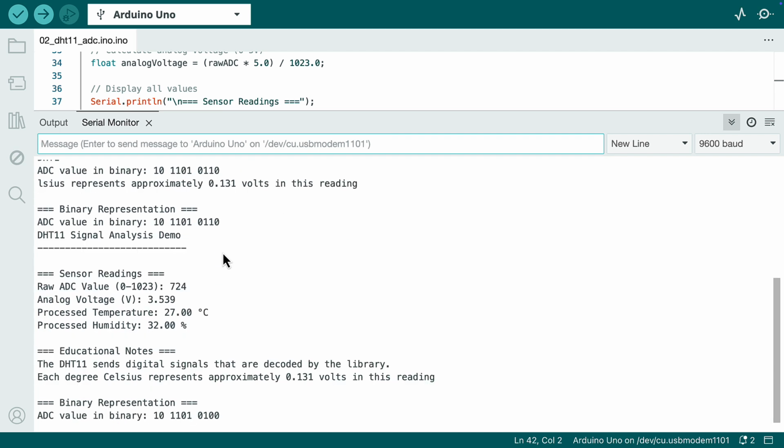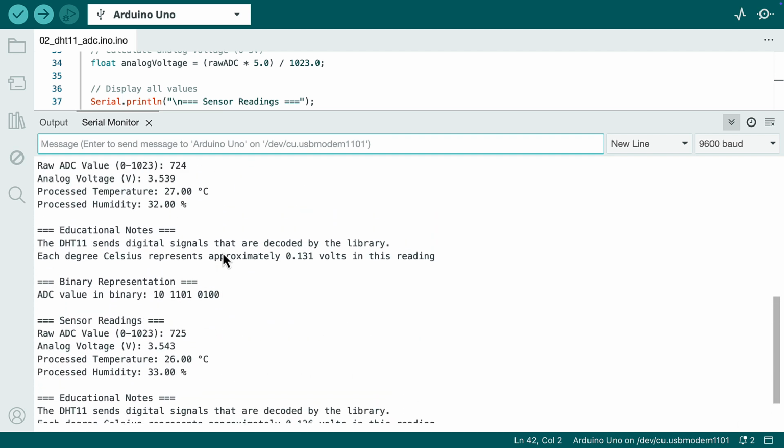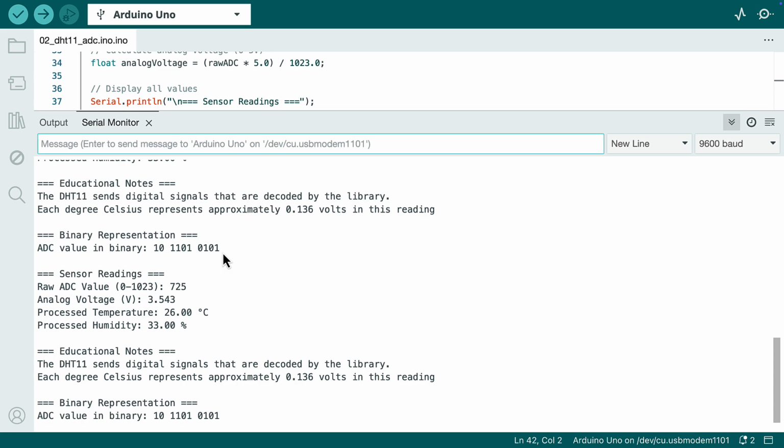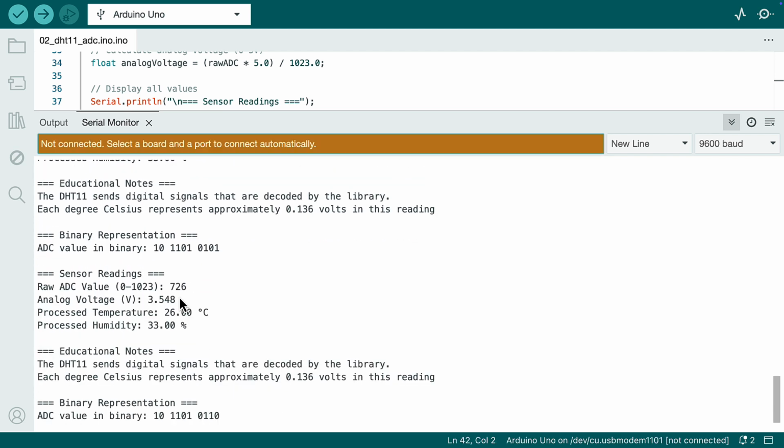Now look. 26 we have. Let me stop it for a while to be able to read. So binary representation, this is the value that we get from the ADC, the analog to digital converter. It's a binary, and this binary we can convert to decimal.